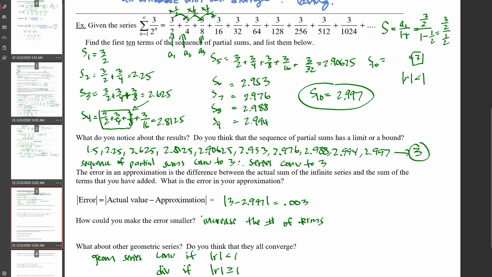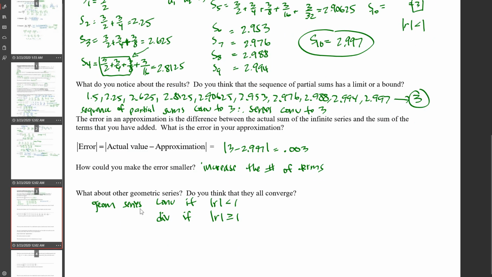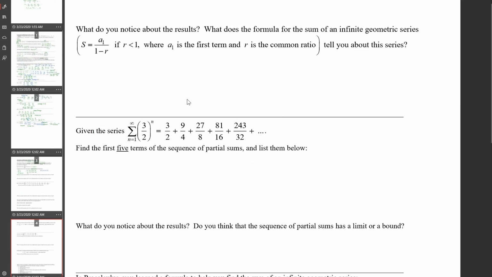So let's look a little bit closer at the series that we had here. Let me write the series again. I think the series was the sum of 3 over 2 to the n, as n equals 1 to infinity.